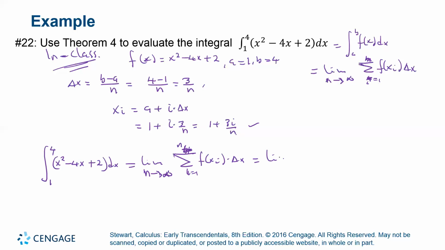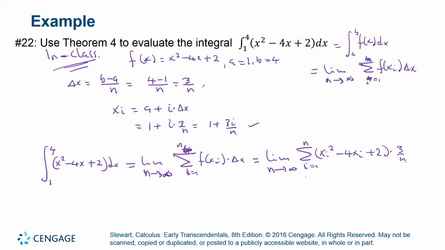So this will be the limit as n goes to infinity of the sum from i equals 1 to n of xi squared minus 4xi plus 2, times delta x, which is 3 over n.